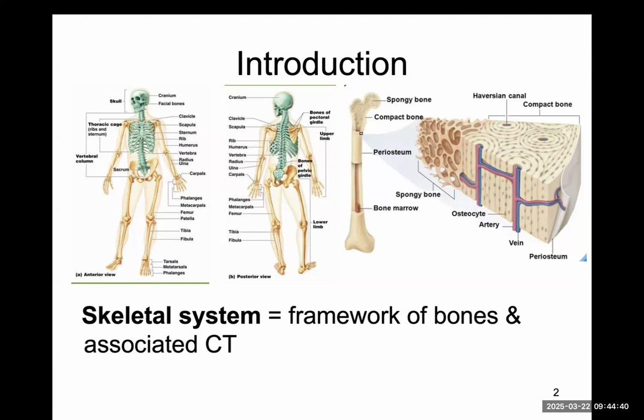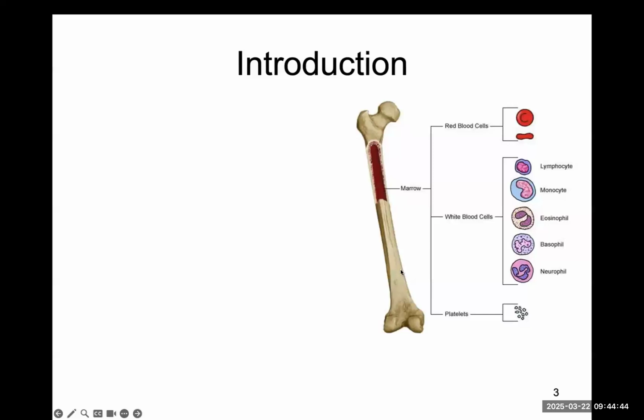It's the framework of your body, a framework of bones, and it's going to hold you up against gravity. Imagine not having the skeleton, and you'd be like a jellyfish. Take a jellyfish out of water, and it kind of flops down and falls apart.